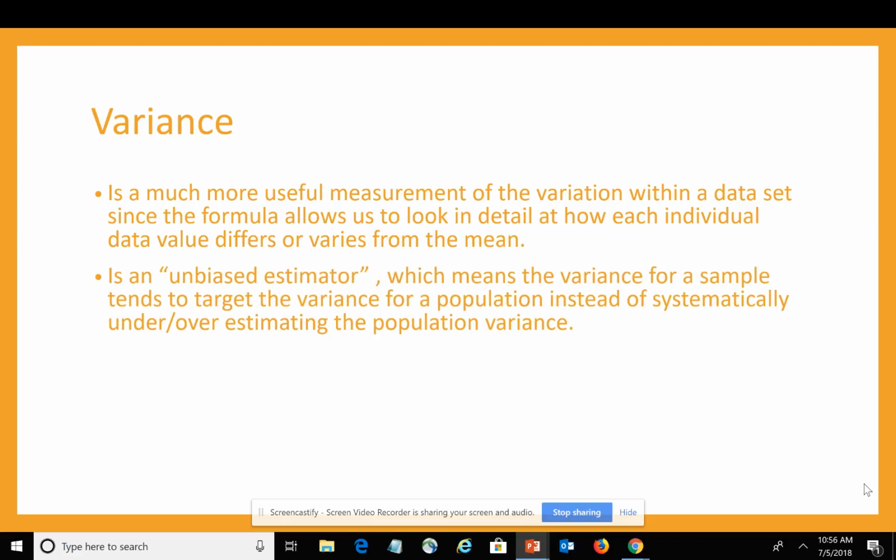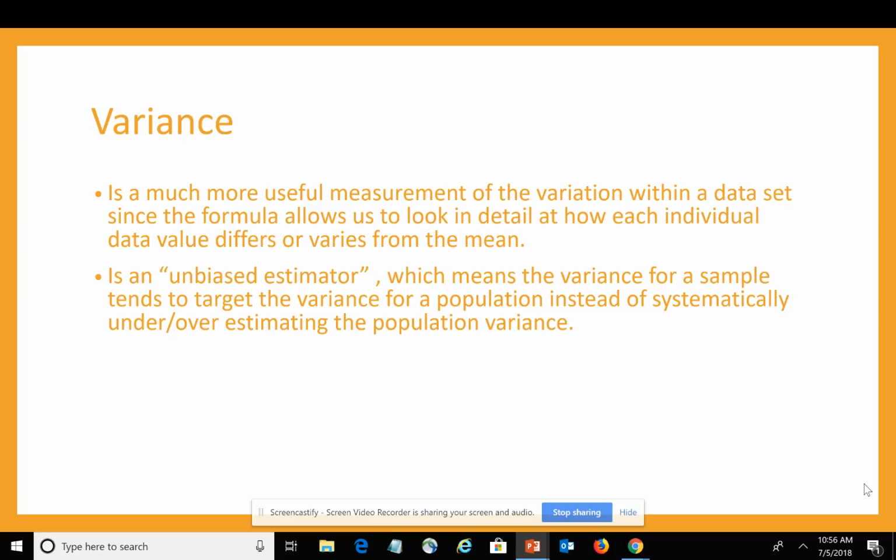The variance is what we consider an unbiased estimator within statistics. Now, what that means is that the variance for the sample tends to target, almost like hitting the bullseye, for the variance of the population.